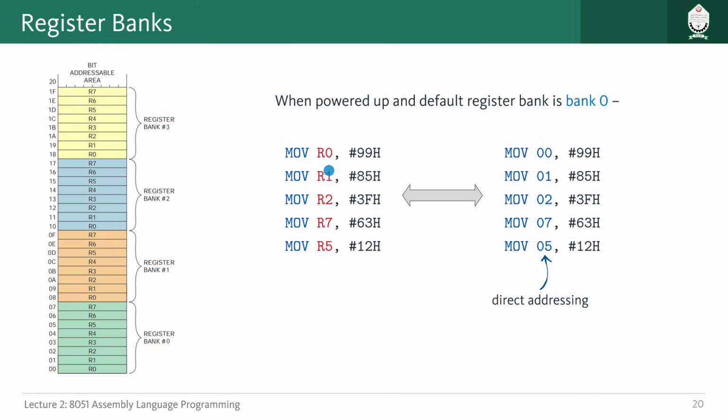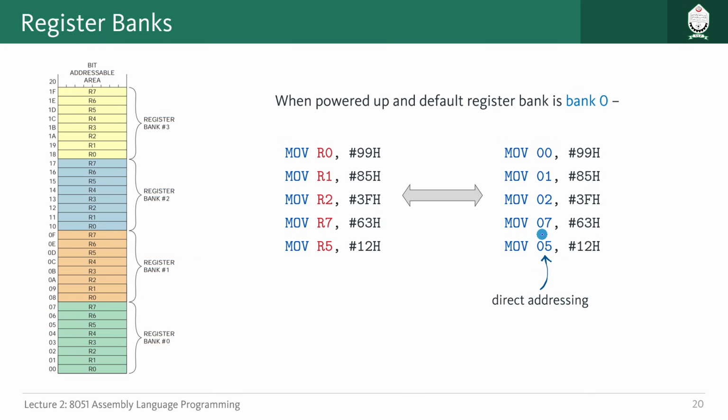But what you are actually doing is storing data onto the 00 location. R0 is basically 00 location in RAM, R1 is 01 location in RAM, and R7 is 07 location in RAM.